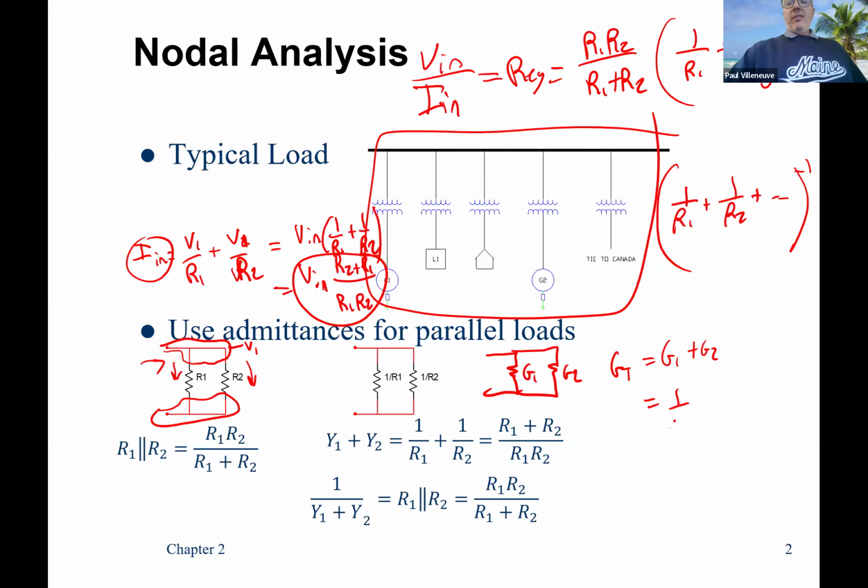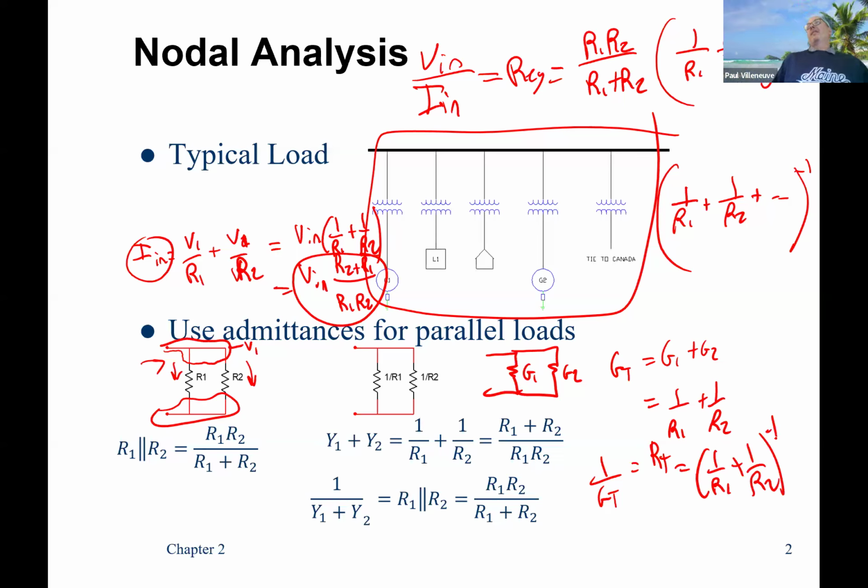Well, that's 1 over R1 plus 1 over R2, and 1 over G total is equal to R total, which is 1 over R1 plus 1 over R2, inverted. So we get the exact same result as if we did it the old-fashioned way. We invert them first and then add them up.